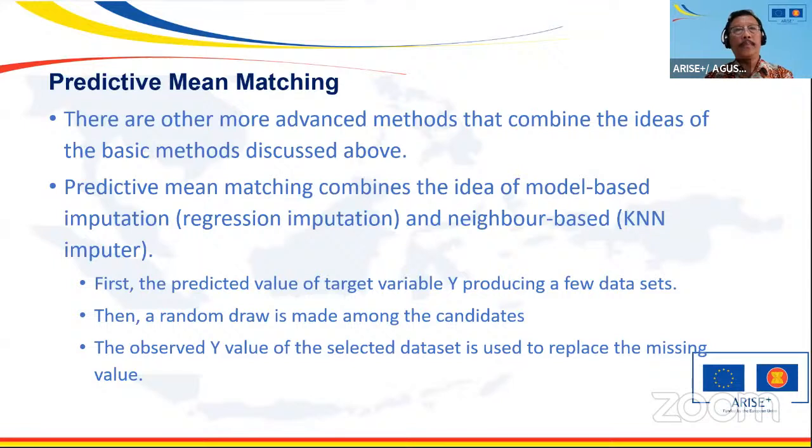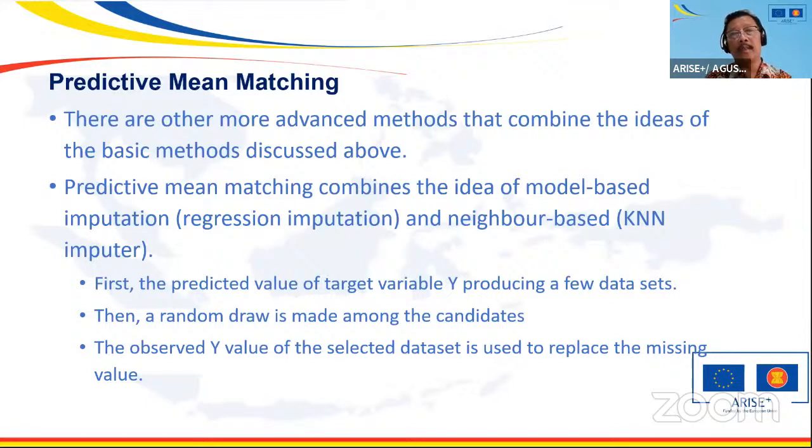And predictive mean matching. This is the most sophisticated method. Basically, this is a regression also, taking into account other variables. But this is not stopped after we get the estimate of the regression.